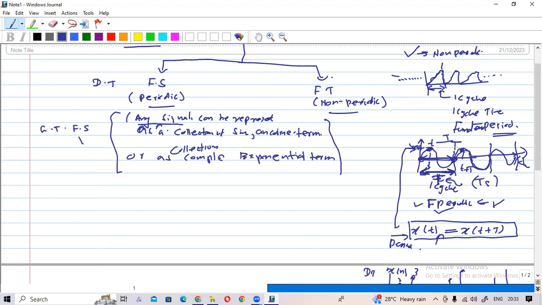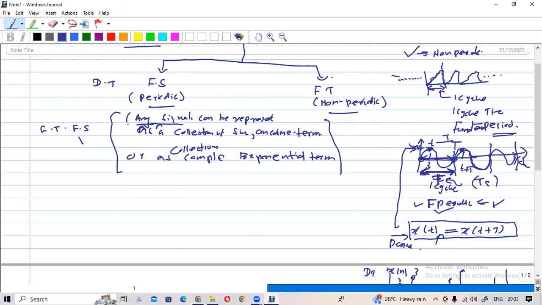But almost all the signals we practically encounter, and maybe some mathematical signals also, satisfy the Dirichlet condition. That is why I use this term 'any'.